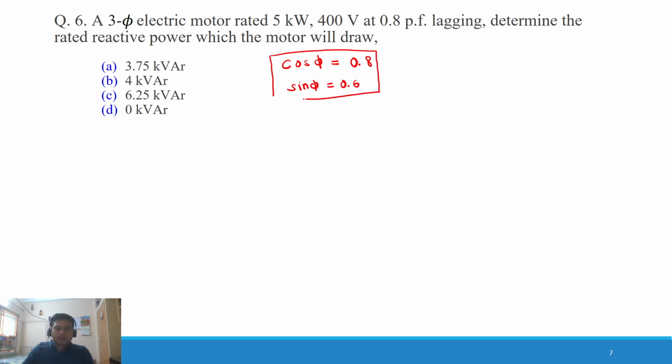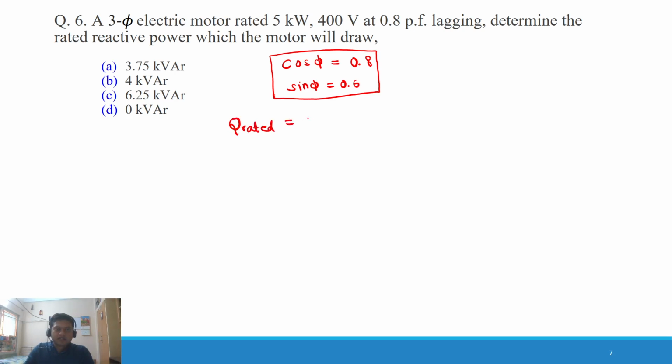I suggest that if you solve many questions, you will be able to remember these two values of cos phi and sin phi. If cos phi is 0.8 then sin phi is 0.6, there is no need to use the calculator. So here in this question we need to find out the reactive power Q rated.